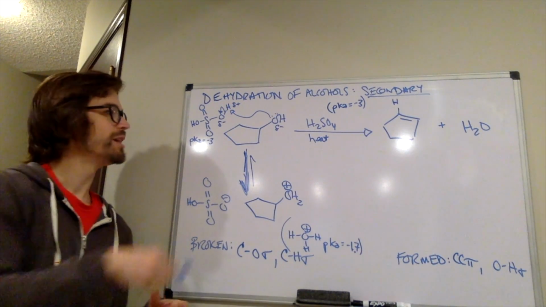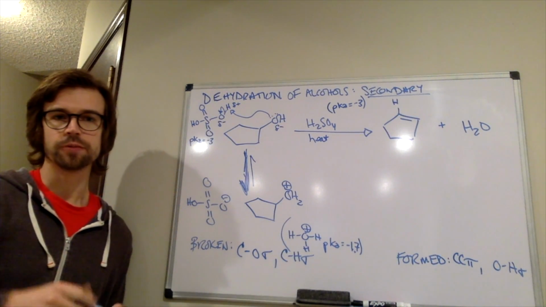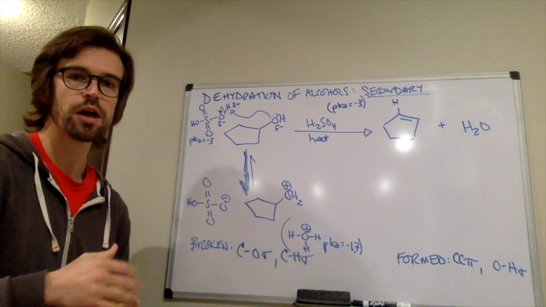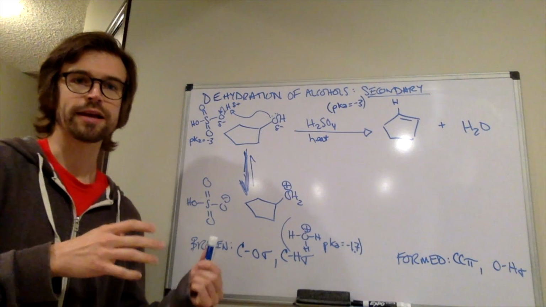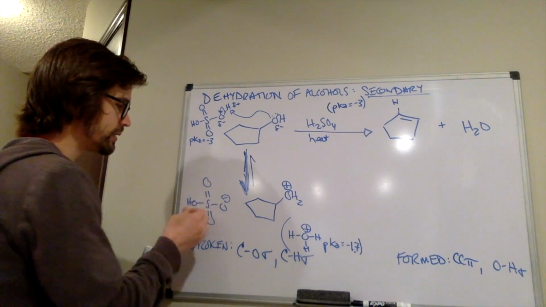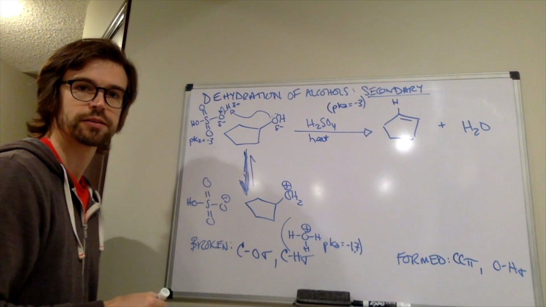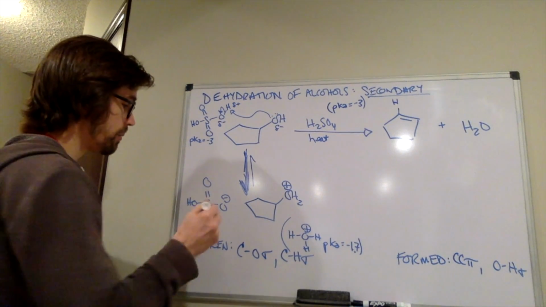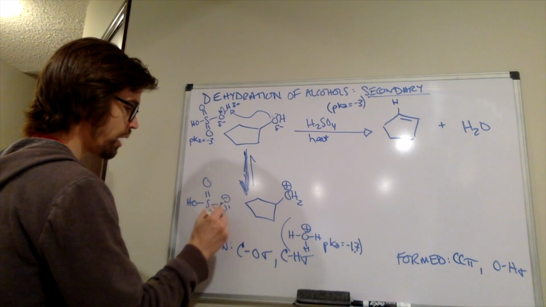Thinking about that again, why is this such a strong acid? Sulfuric acid is a really strong acid. We know that because I told you what the pKa is, but also strong acids have what? They have stable conjugate bases. Why is this a stable conjugate base? The negative charge is on an oxygen, that's good, but also it's not just on one oxygen, right?